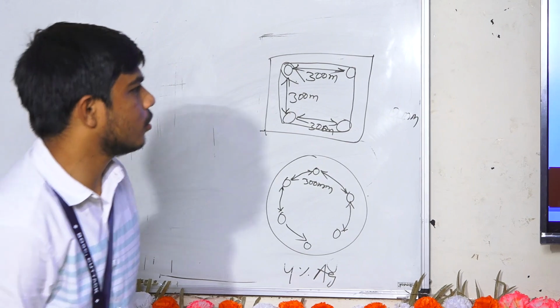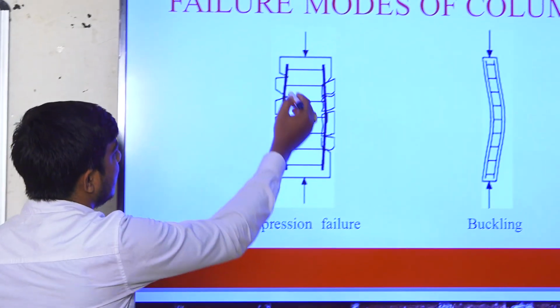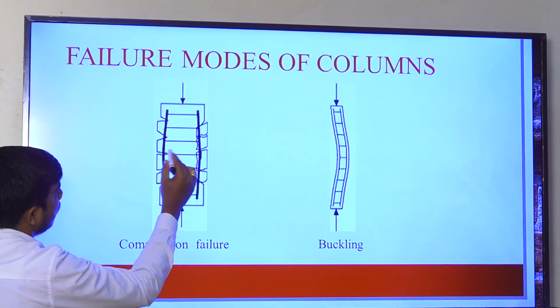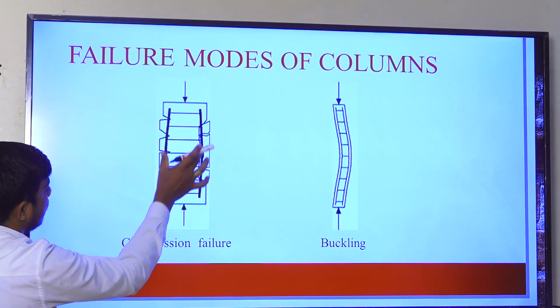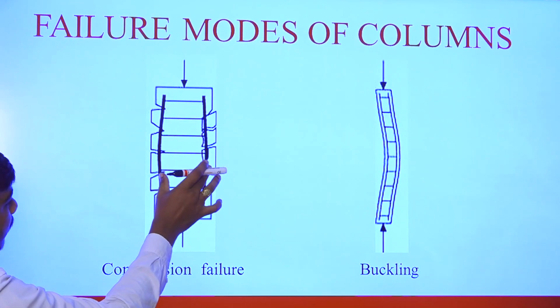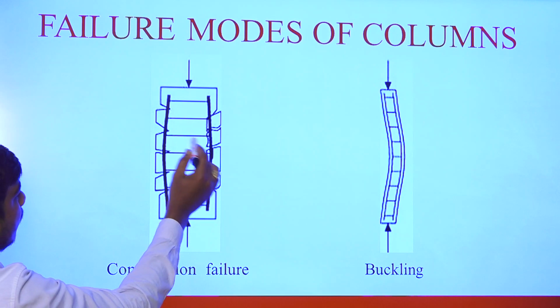We can see here also, these are the longitudinal reinforcements and these are the lateral ties. So these ties hold the reinforcement together so that the longitudinal bar will not buckle. These are called lateral ties.